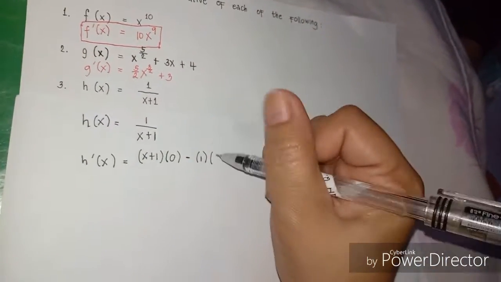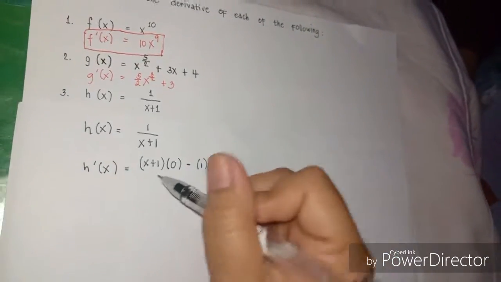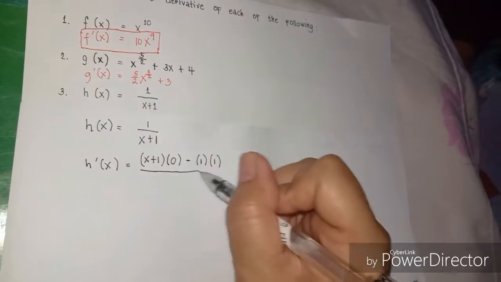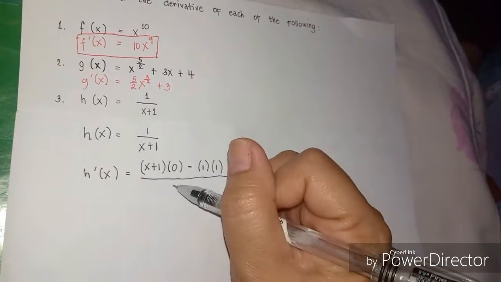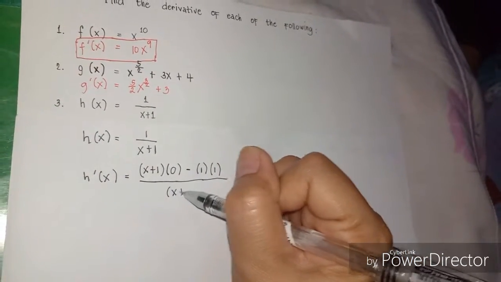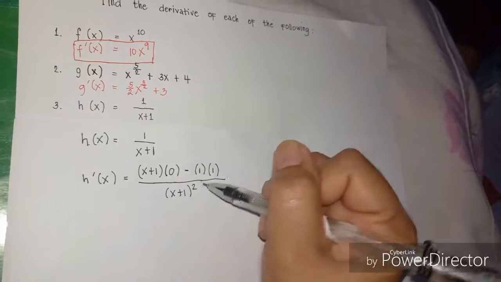The derivative is 1, all over the square of the denominator. So you have x plus 1 squared.